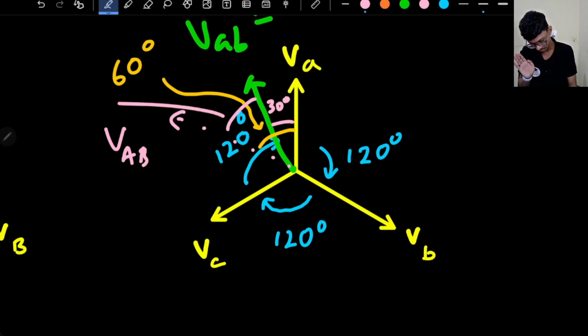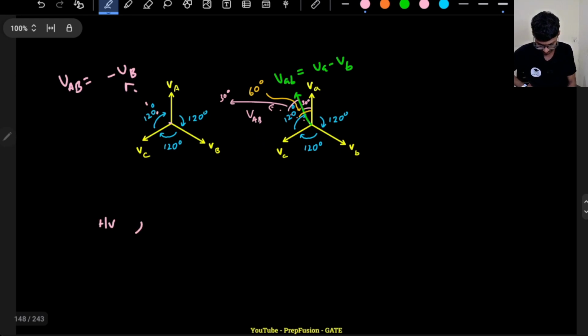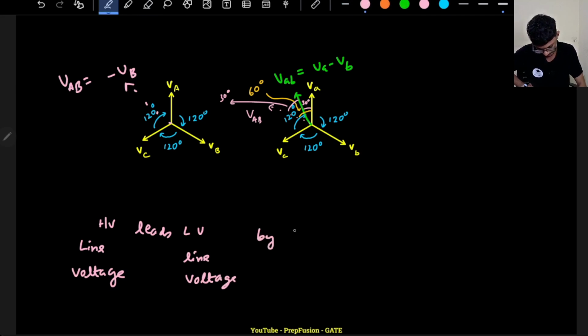This is the angle difference. So from here I can conclude that the HV line voltage leads the LV line voltage by 30 degrees.